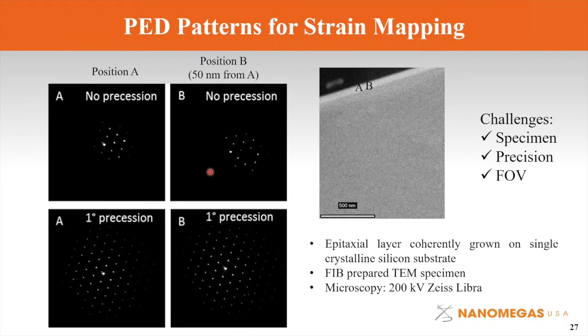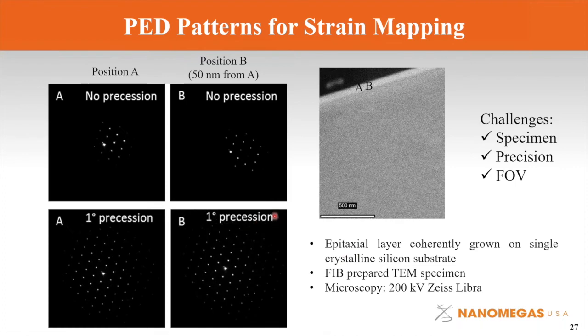It is quite difficult to do reliable strain mapping with patterns like this. Now, with 1 degree precession applied, the two patterns immediately look a lot more similar, with the dynamic effect averaging out. You can also see that higher order Bragg diffractions are acquired compared to the NBD pattern.